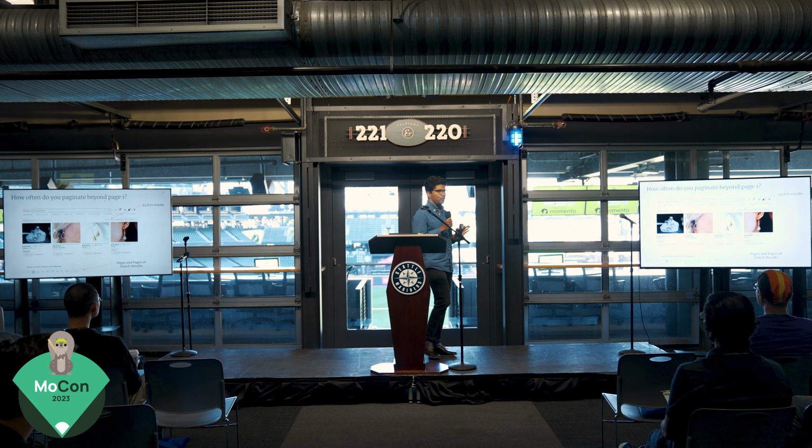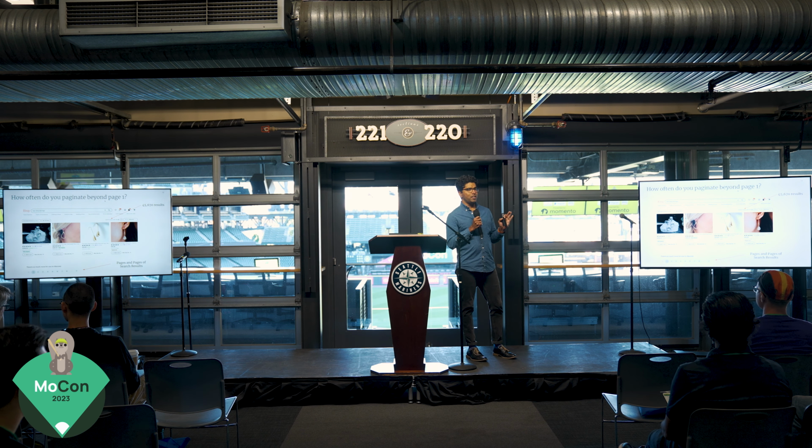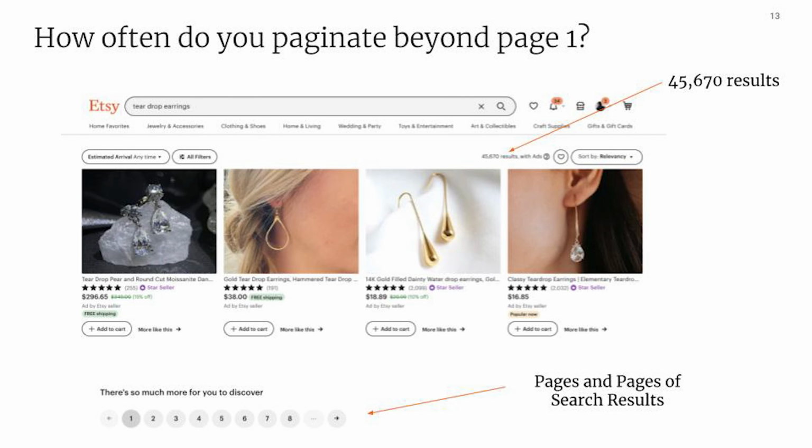Just by raising your hands, how often do you think a user would have paginated all the way to the last result? Zero? Yeah? How often do you think people would paginate beyond page 10? Never? 0.1%, 0.001%? Okay, 0.001%. How often, if you were a buyer on the Etsy marketplace, would you paginate beyond page 1?